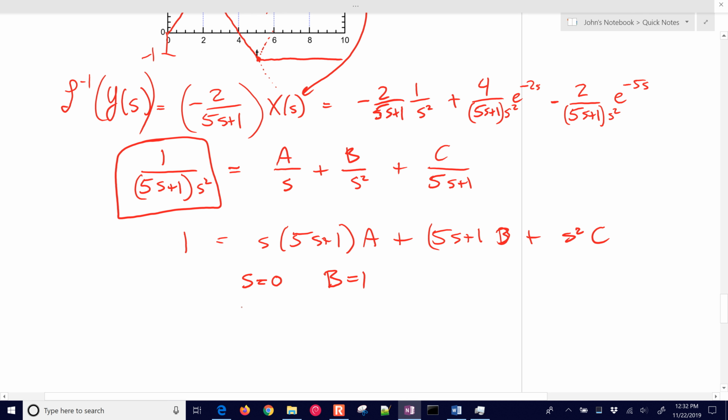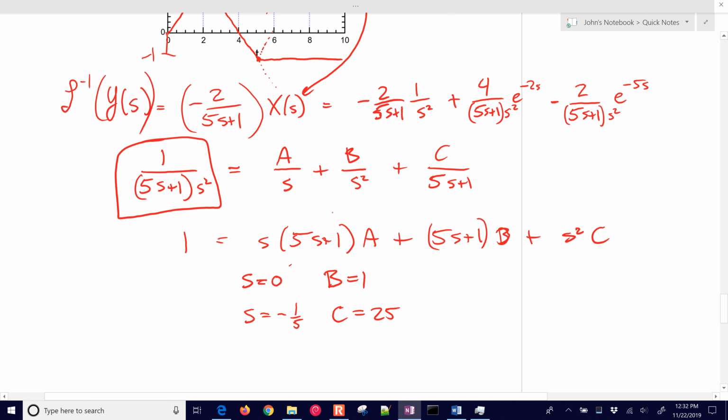Alright, now I'm going to pick s equals -1/5, and then if I solve that, I have c, because this term over here is going to cancel, and this term is going to cancel, and so I'm going to have (-1/5) squared times c, and so that means c equals 25.